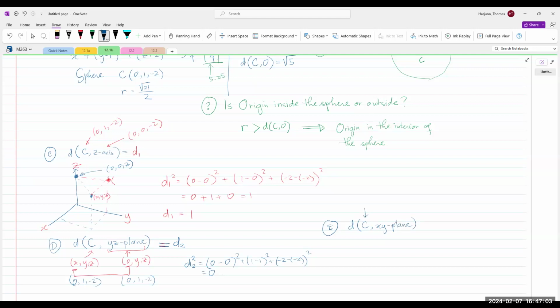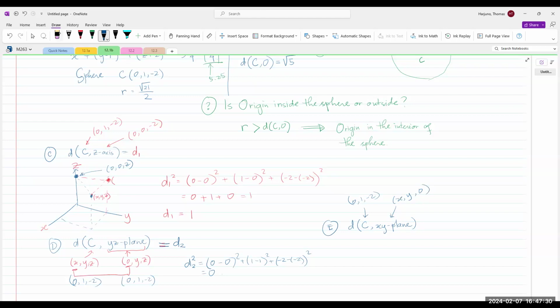This is 0, 1, -2. And all the coordinates on the xy plane must be x, comma, y, comma, 0, right?